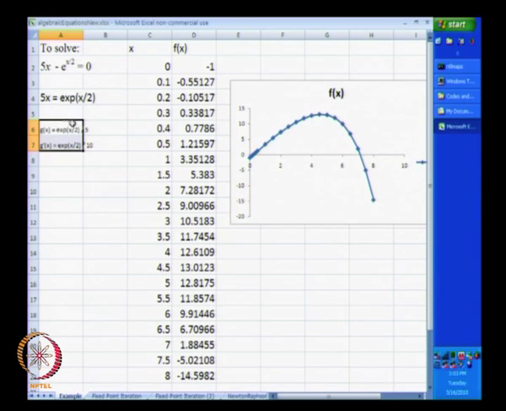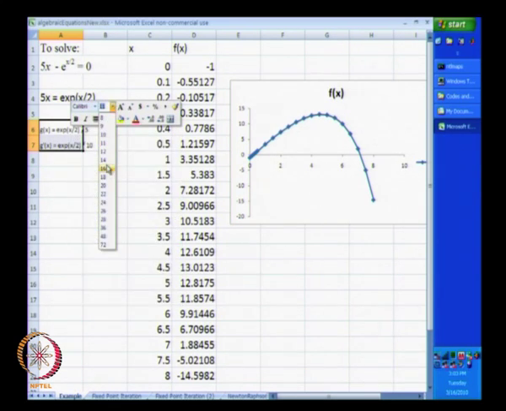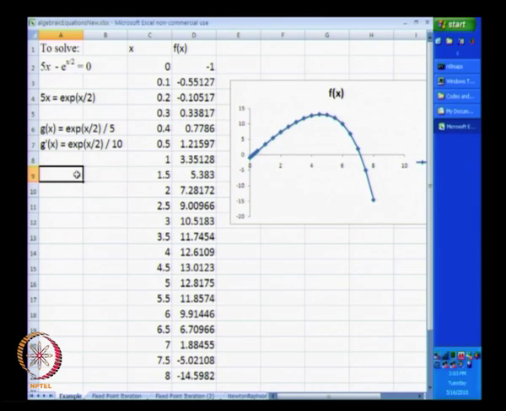So these were our g of x and g dash of x values.